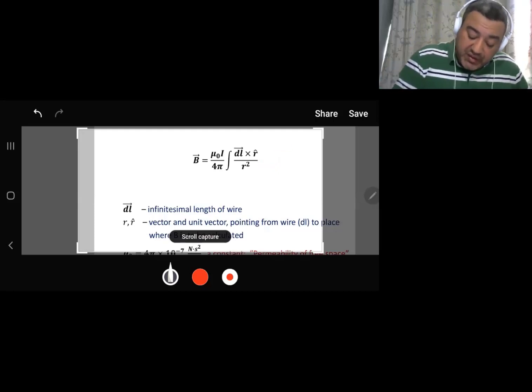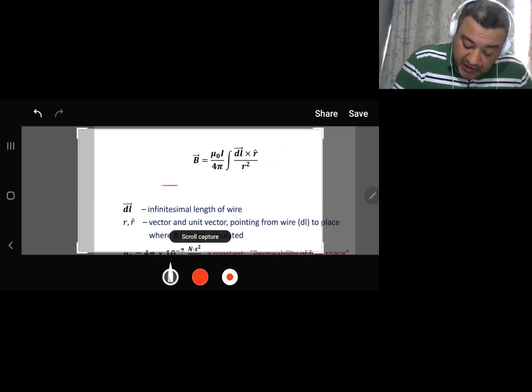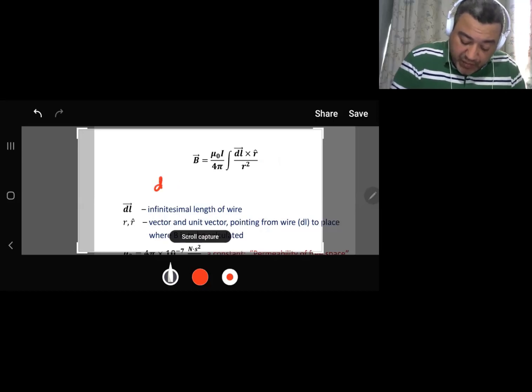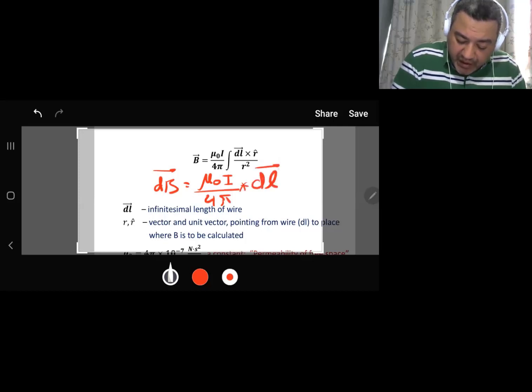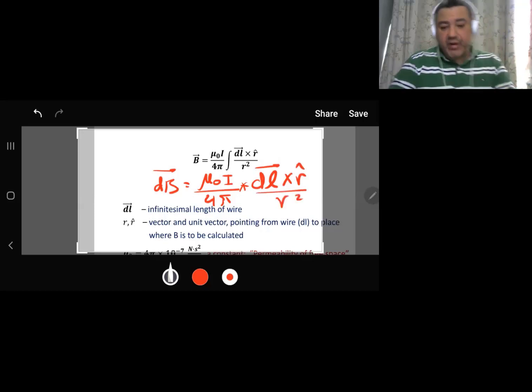If I represent this equation in differential format, it will be dB equals mu naught I divided by 4 pi times dl cross r hat over r squared.